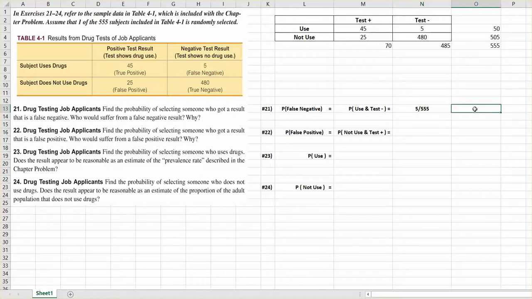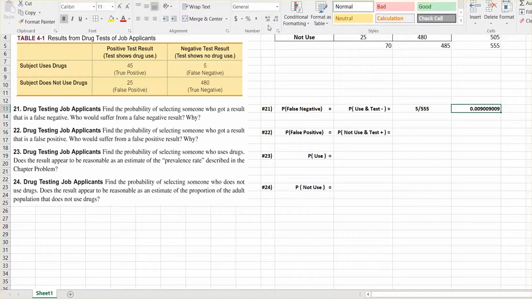And if we were to turn that into a decimal, we go 3 significant digits, so that 9 is our first significant digit, second, third, so we're going to want to round there, 0.00901.